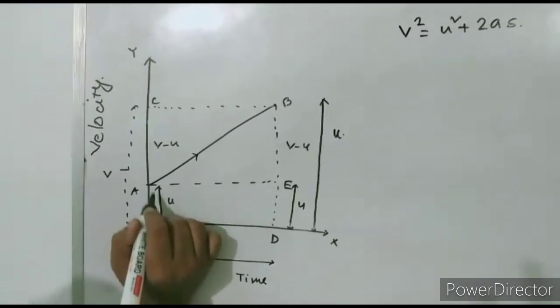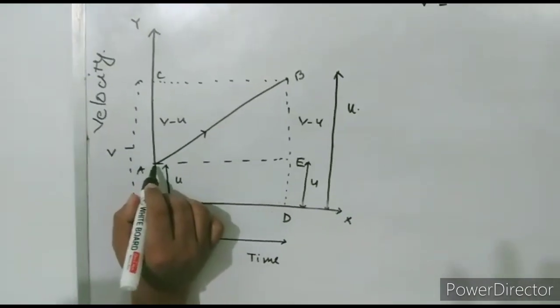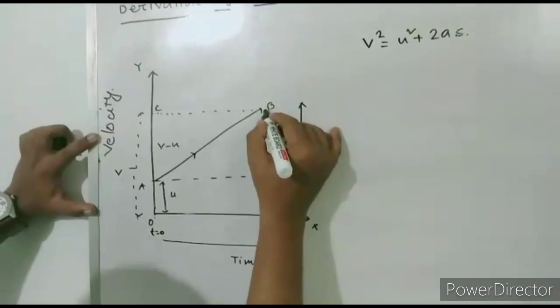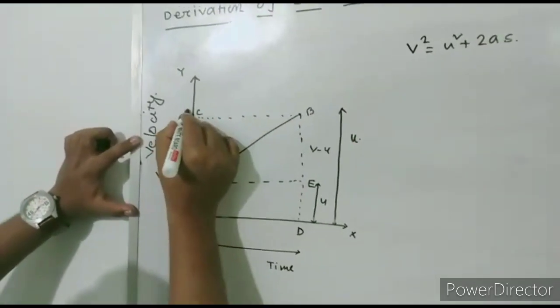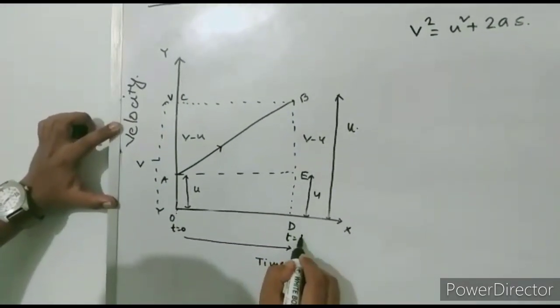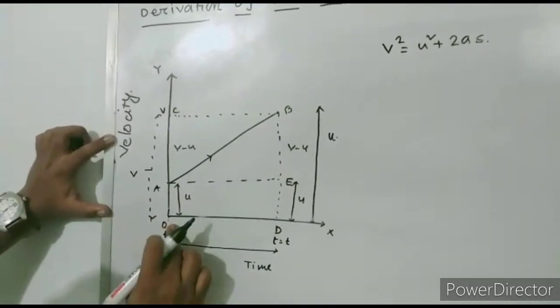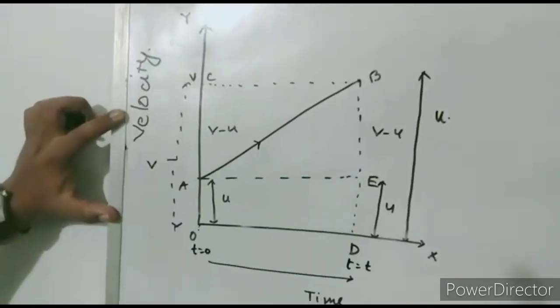So what is the value of OA? OA equal to u, and the particle starts its journey from the point A. After time t, the particle reaches the point B, and at this moment the velocity of the particle will be v, and the time is t. Now students, if OA equals u and the length OC equals v, then the length AC equals v minus u.